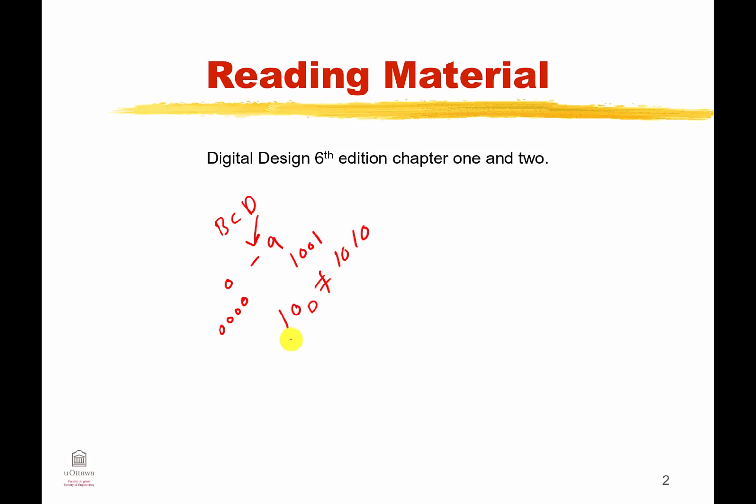No, I should take 1 and represent it by 4 digits, which are 0001, and 0 represented by 4 digits, which are 4 zeros. That's it. This is BCD.